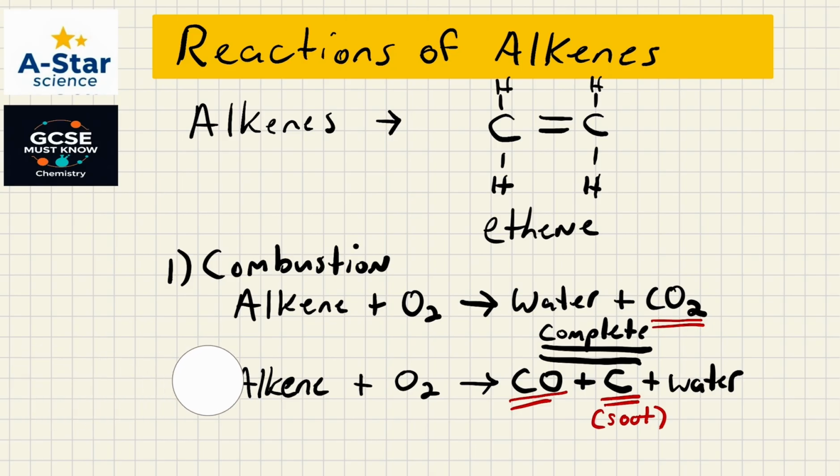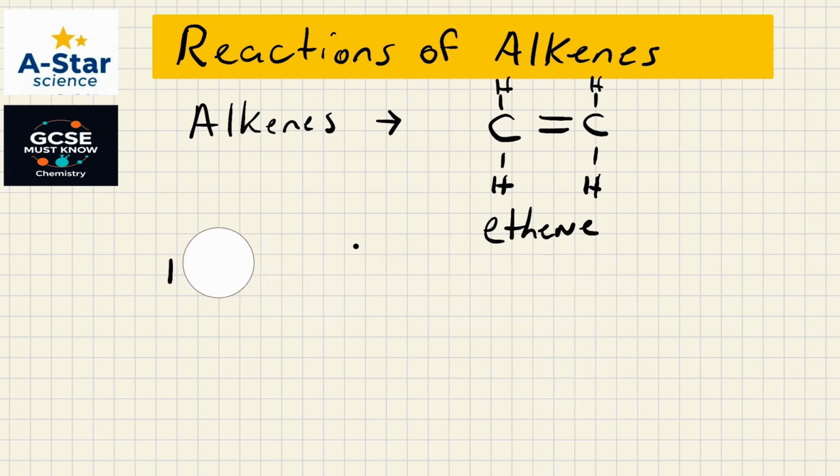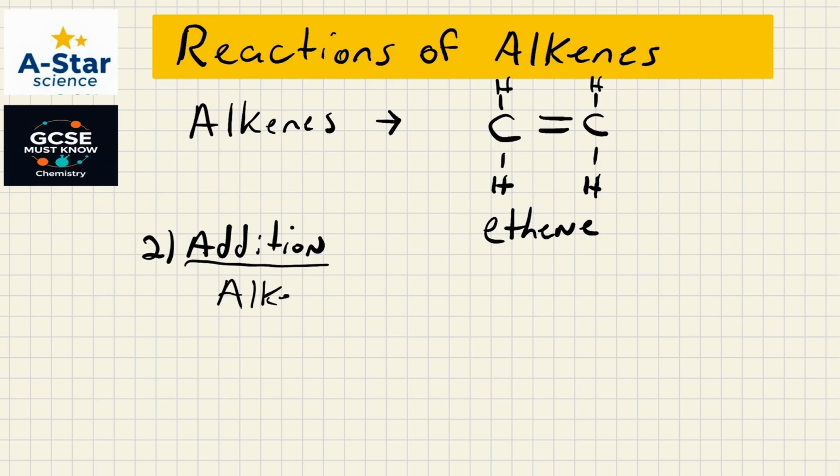The second reaction that we want to look at for alkenes, and we use ethene as an example, is the addition reactions. So in an addition reaction, we're taking alkene and we can add it, for example, to a halogen molecule.